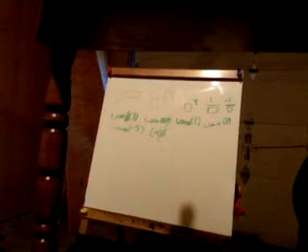Now the next one here, we have a log of 1 over 10. Log base 1 of 10. Now you know there is no base 1 log. It cannot be done.